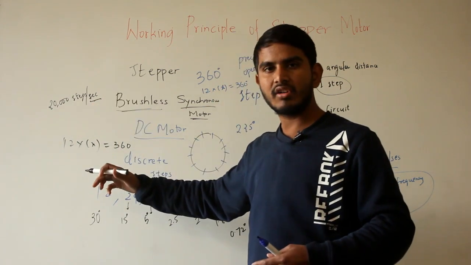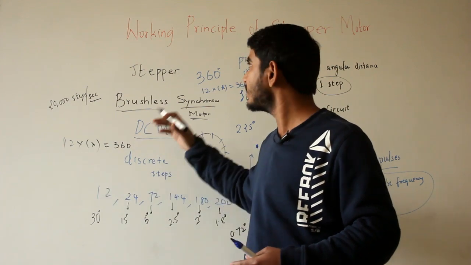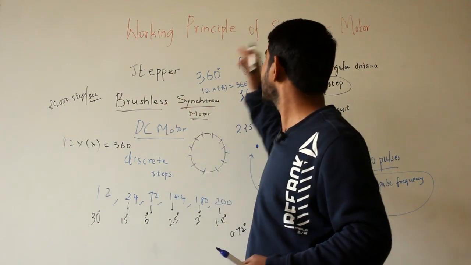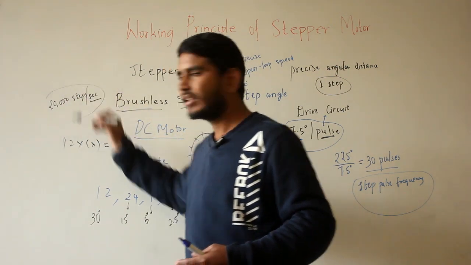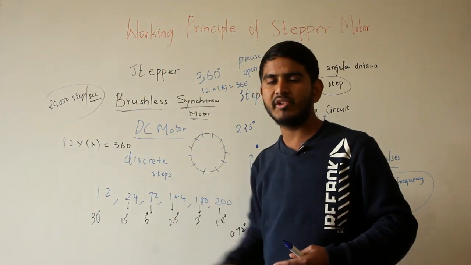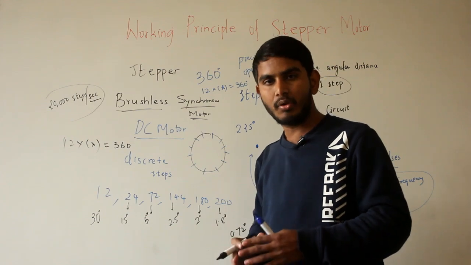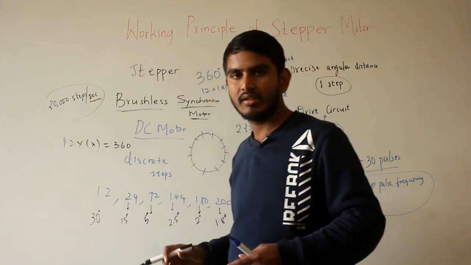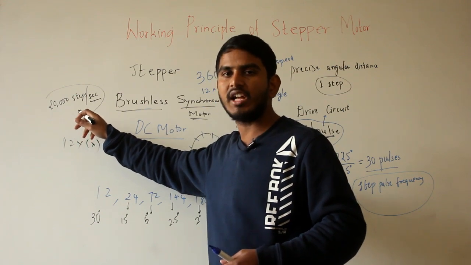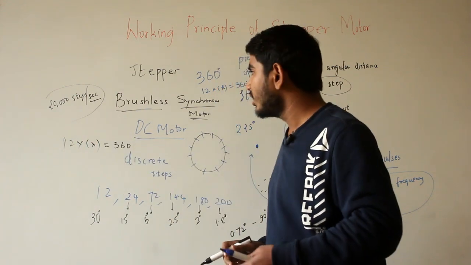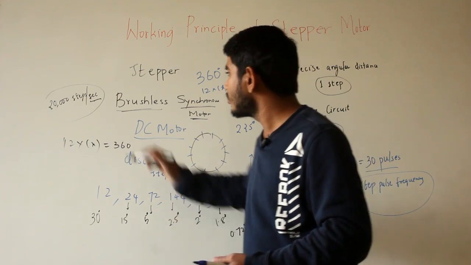So that is the extraordinary operating capability of the brushless synchronous motor, which is nothing but your stepper motor. At this high stepping rate the shaft will appear to move continuously, but you have to know that it is operating in steps. As you witness the shaft rotation, it will appear like a continuous rotation.